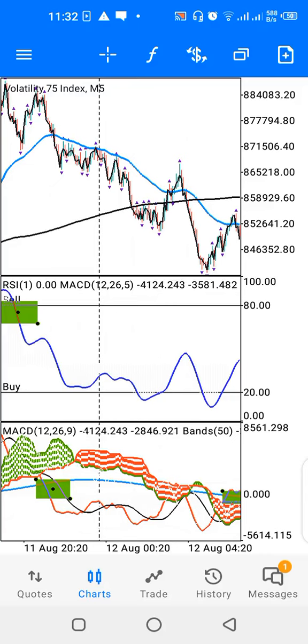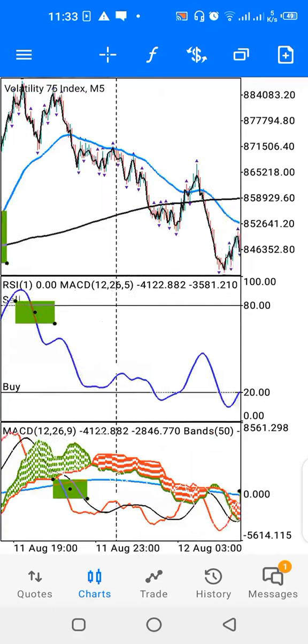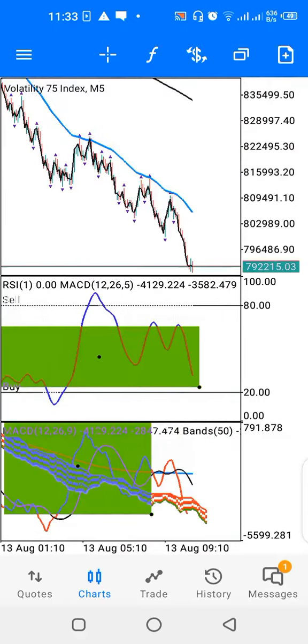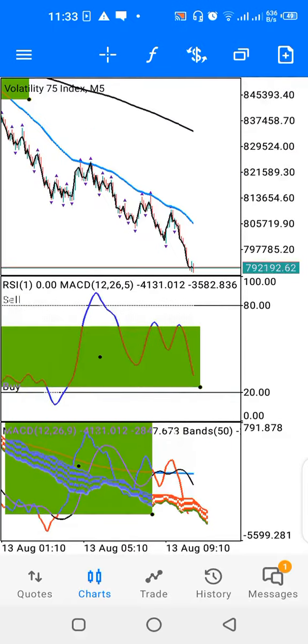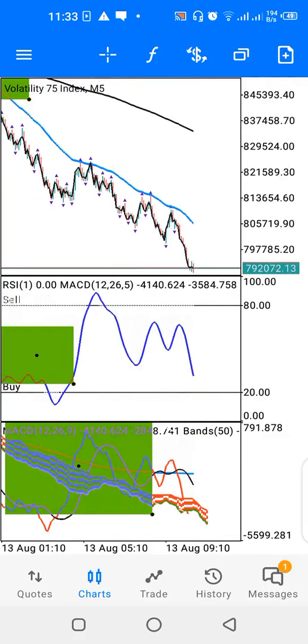Make sure you backtest it, try it on a demo account. If it works for you, then you can go try it on a live account to make some profit. I use this strategy very well and it works for me, and I'm sure if you test it, you can get it to work for you.